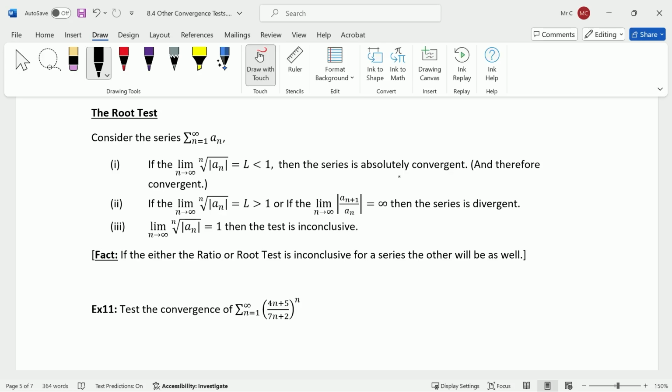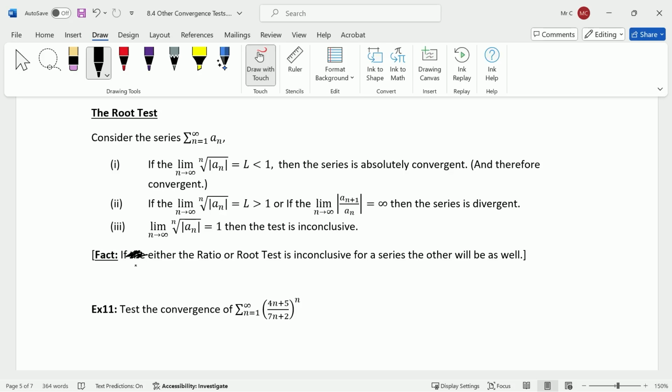If that limit is bigger than 1, the series is divergent. And if the limit of the nth root of the absolute value of a sub n is 1, the test is inconclusive.